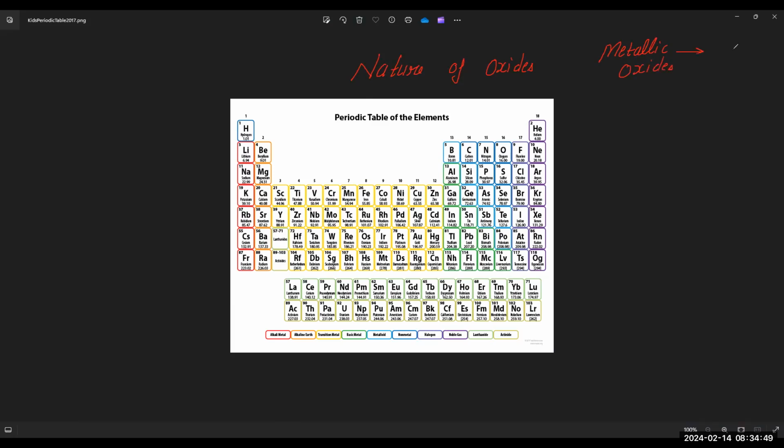They are basic oxides. And non-metallic oxides will then be acidic oxides.